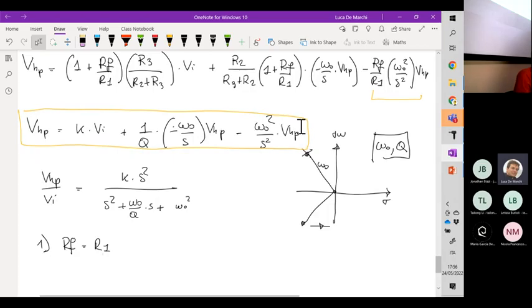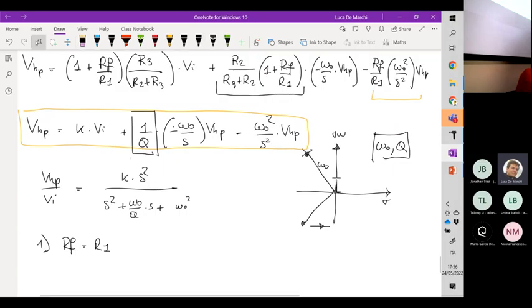Then we want this term here to be equal to this 1 over Q. But we have also said that RF is equal to R1, so this is 1 plus 1.